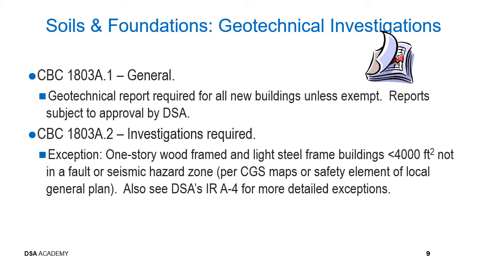There are exceptions: one-story wood frame building and light frame buildings under 4,000 square foot area, not in a seismic fault or seismic hazard zone, per CGS, California Geologic Survey, maps or safety element of local general plan. Also, you can visit DSA website IR A-4, IR Interpretation of Regulations, for more detailed exceptions.